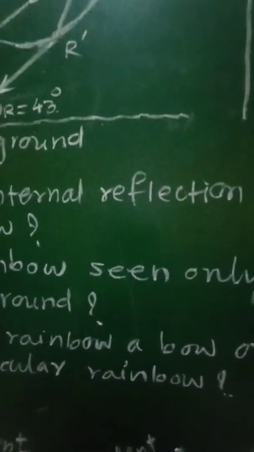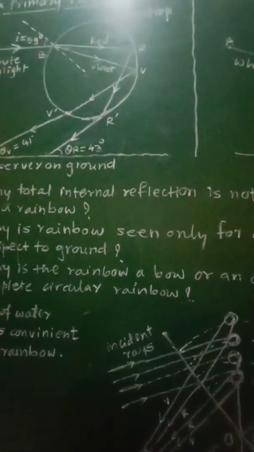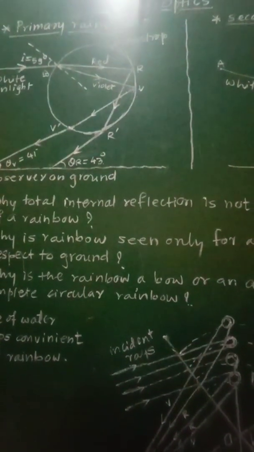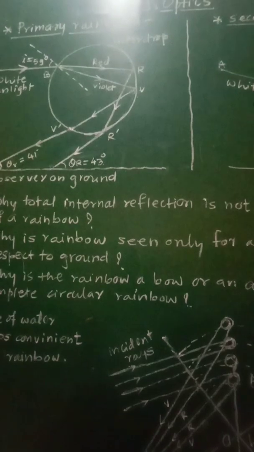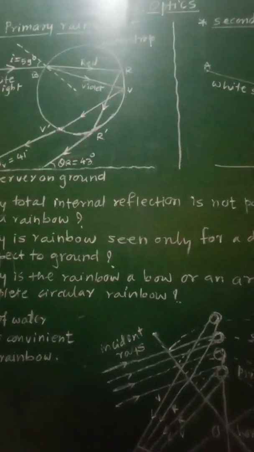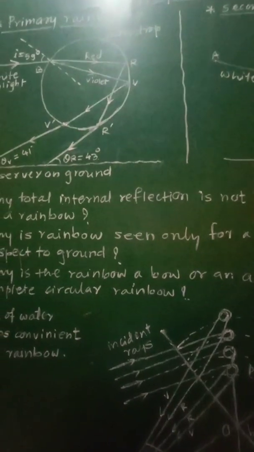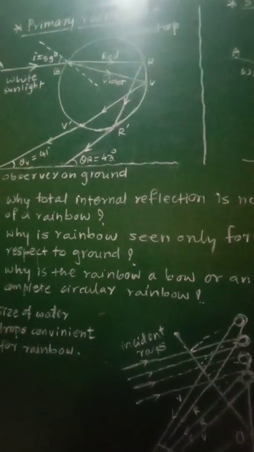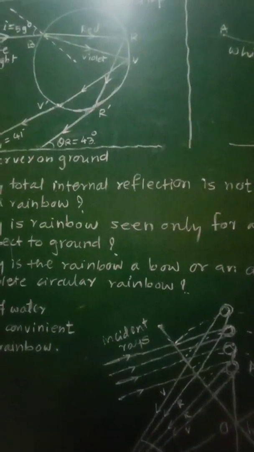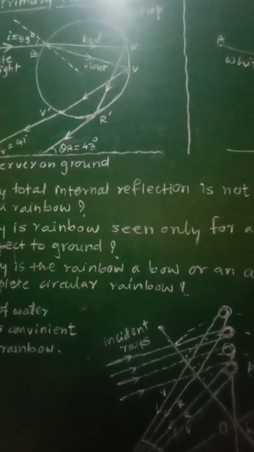So as the angle of incidence is always less than 90 degrees, the angles of refraction in water will always be less than the critical angle.